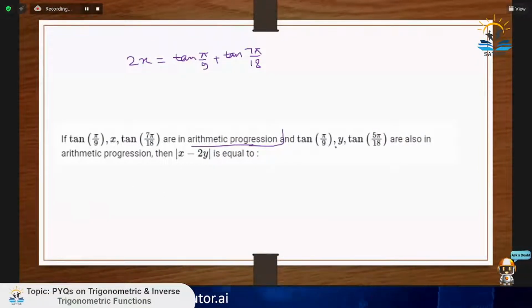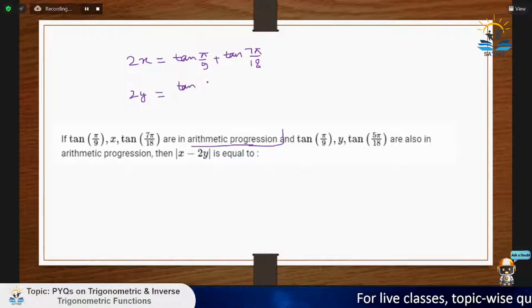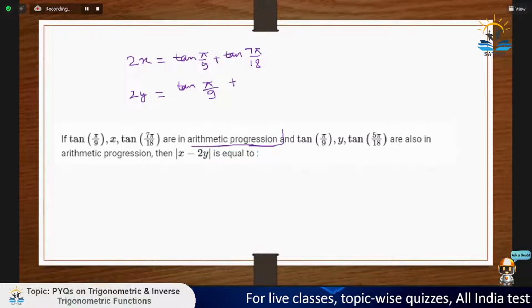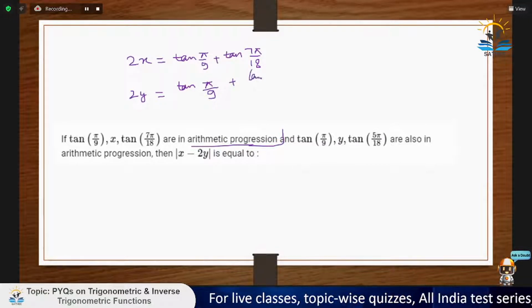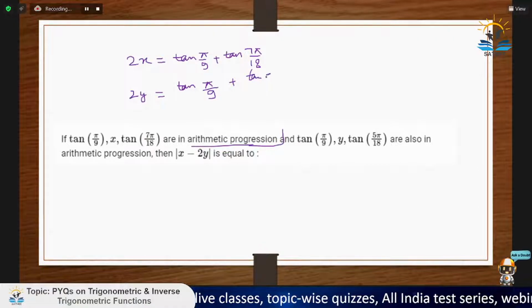Then tan pi by 9, y and tan 5 pi by 18 are also in arithmetic progression. So you have also been given that 2y is equal to tan pi by 9, keep it like this only, plus tan of 5 pi by 18.